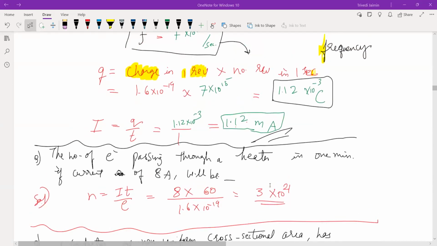Okay, let's try this question. The number of electrons passing through a heater in 1 minute. It's very easy.